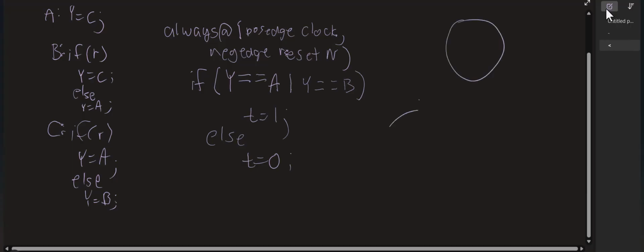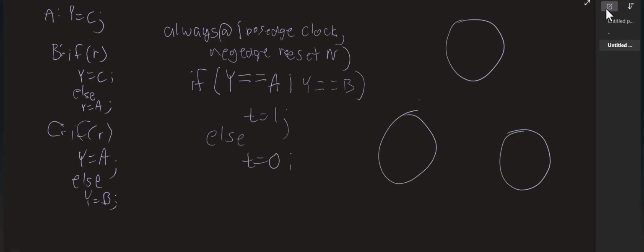So I still have three states, A, B, and C. But this time, it's a Moore machine and my output doesn't depend on my input. So how do I label my output on this? Inside the circles.